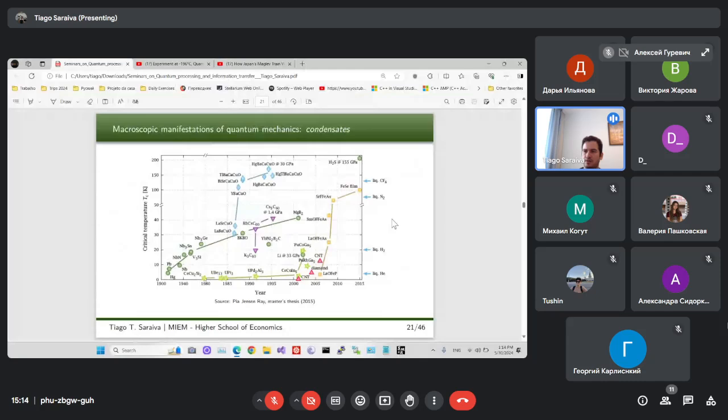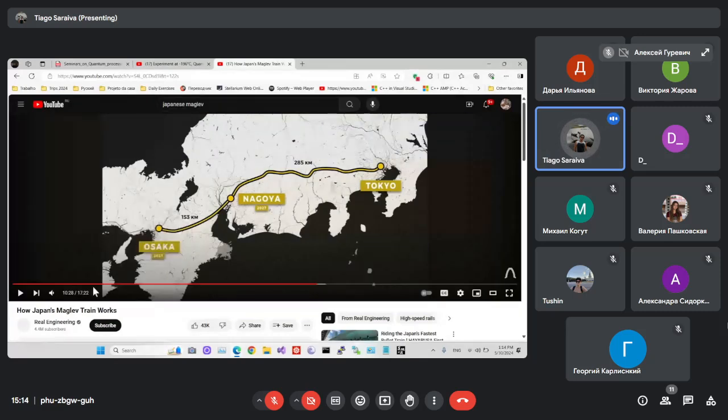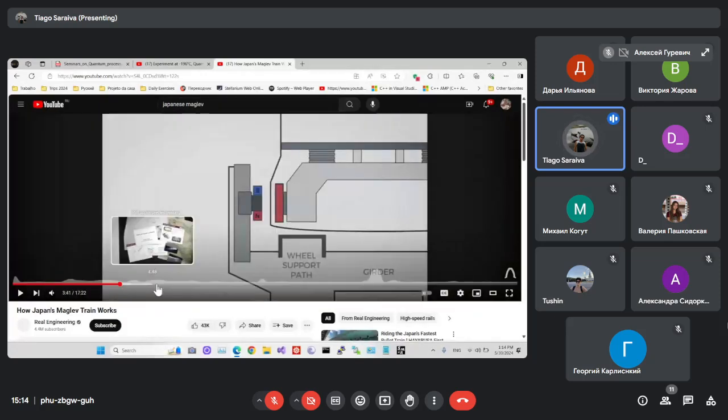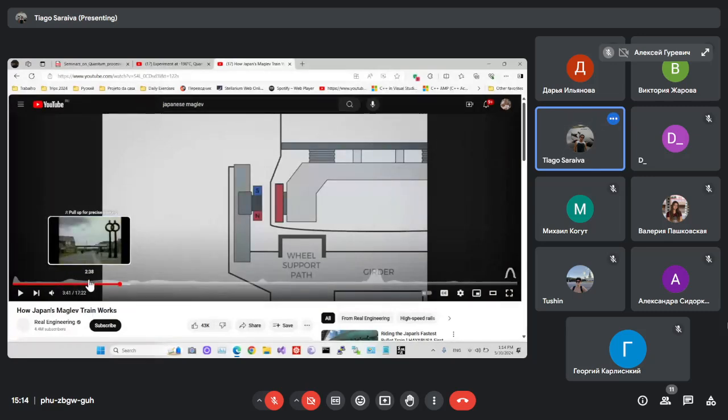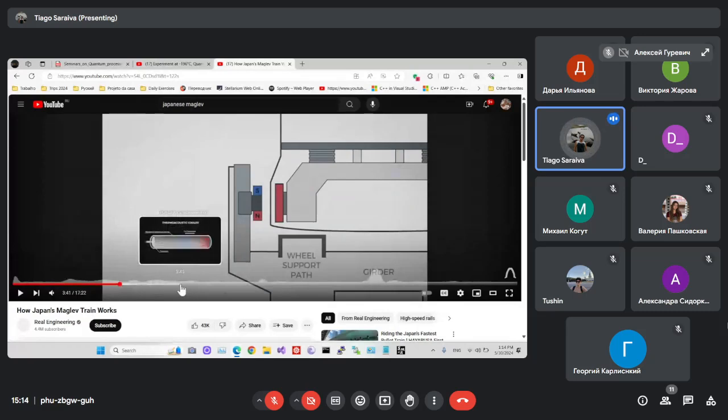You saw that there is this trap right on the train to stabilize it, and it works the same with particles. So, for example, in the particle accelerators at CERN, they have pretty much the same trap, and instead of a train, they put protons.